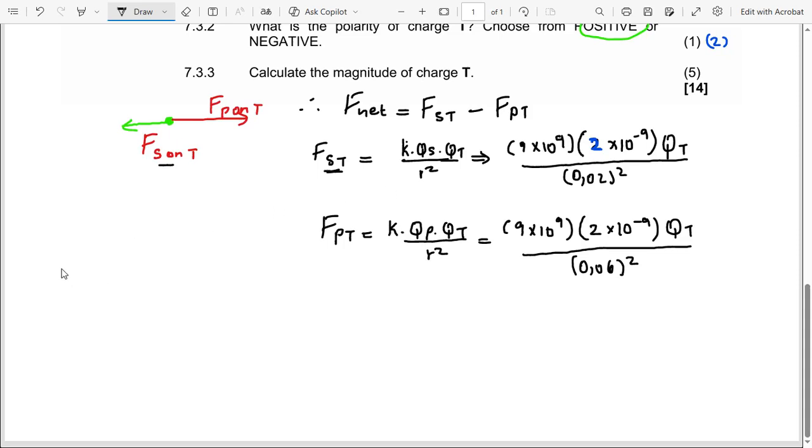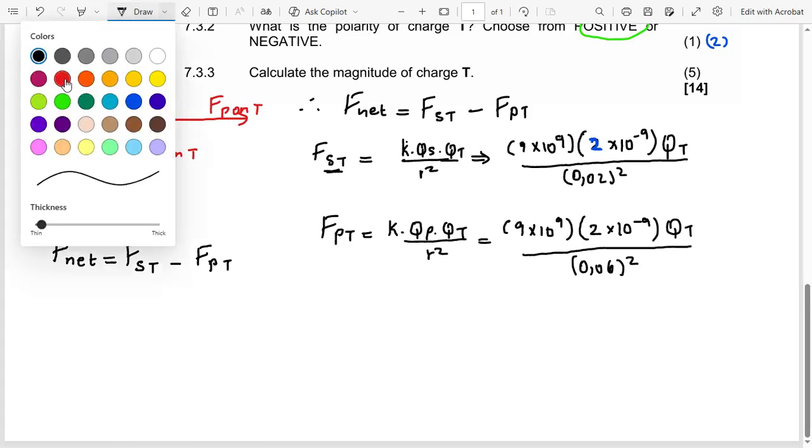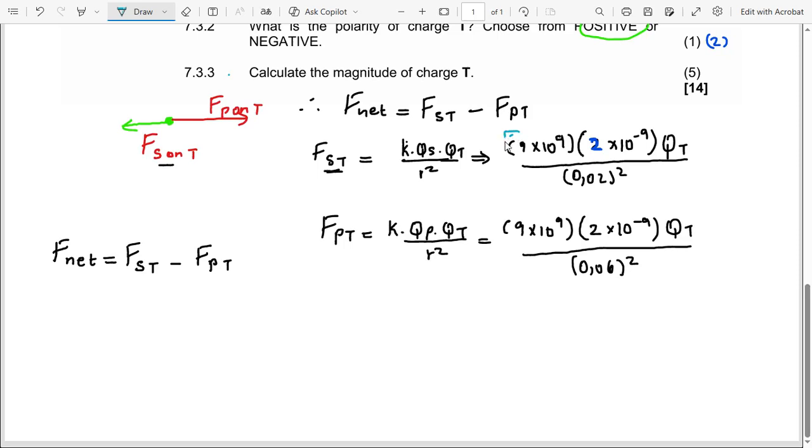First thing first, we said that F net is equal to the electrostatic force that S exerts on T minus the electrostatic force that P exerts on T. Already we know this. I'm just going to do my substitution here. There are many ways that you can choose how you want to do this. I'm going to take this part here and put it here.